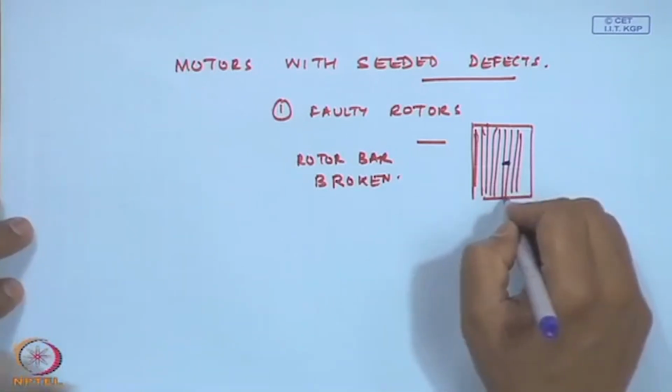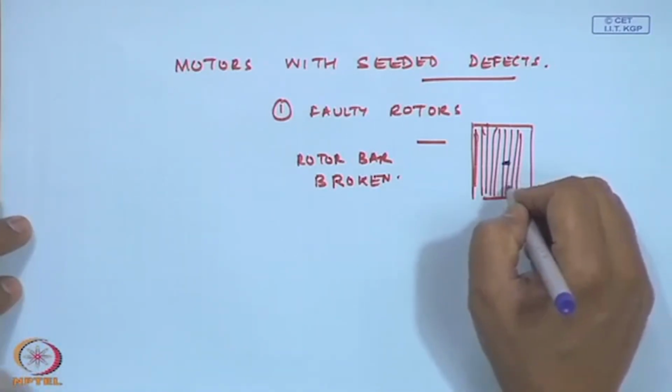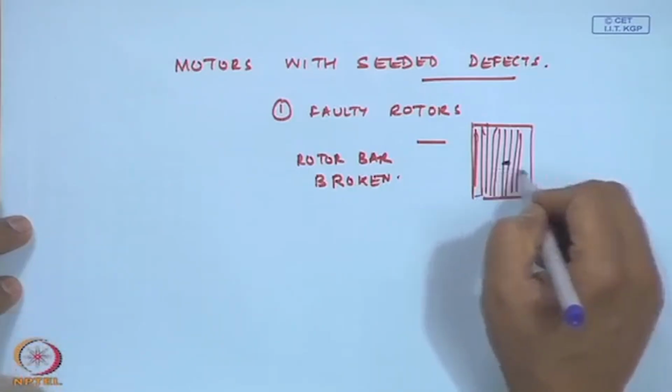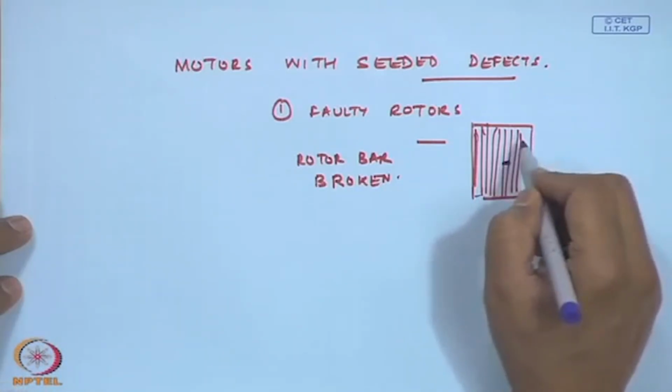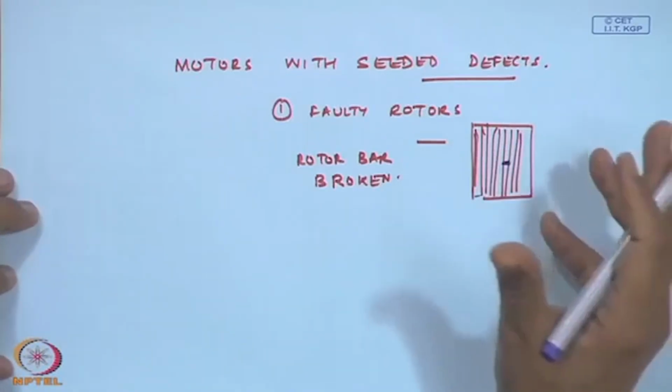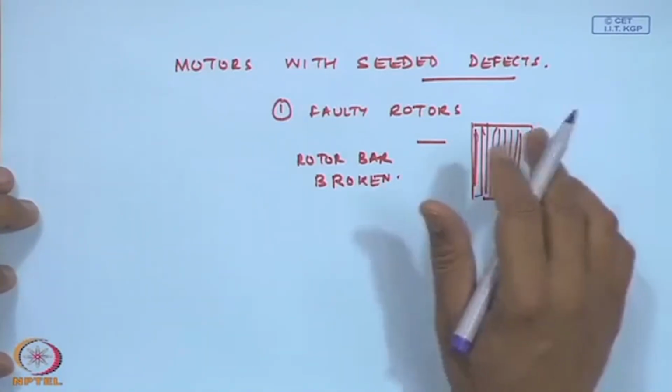The current which is supposed to flow through this conductor is not going, but to balance the load, the current in the other conductors is going to increase momentarily. So, this will give rise to an unbalanced torque, and because of this torque there will be modulations.